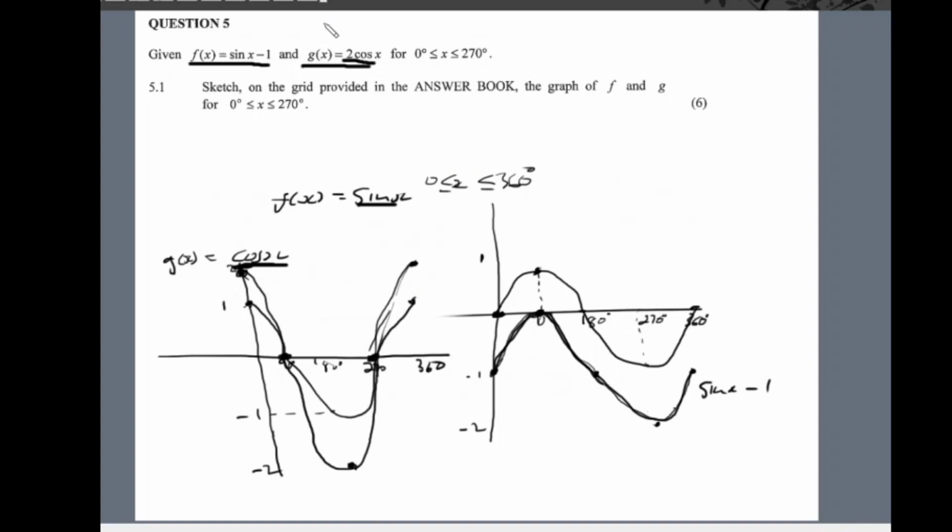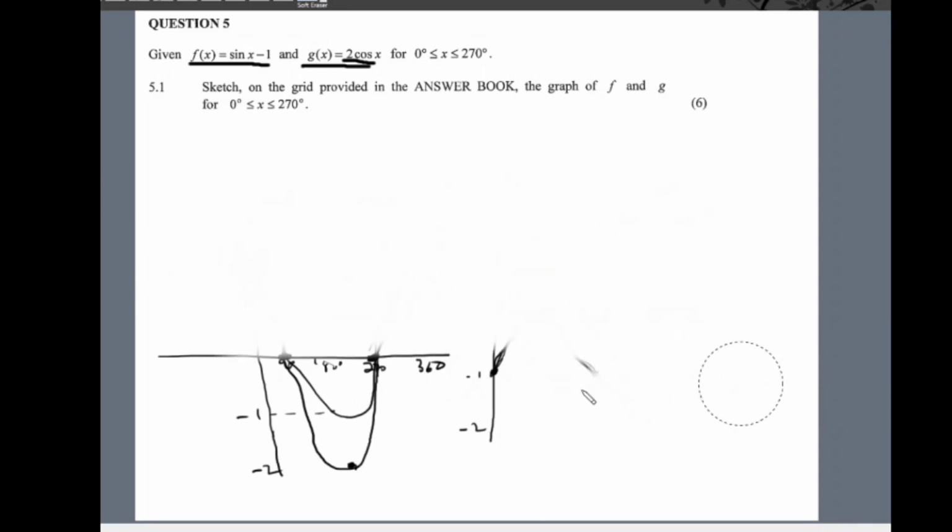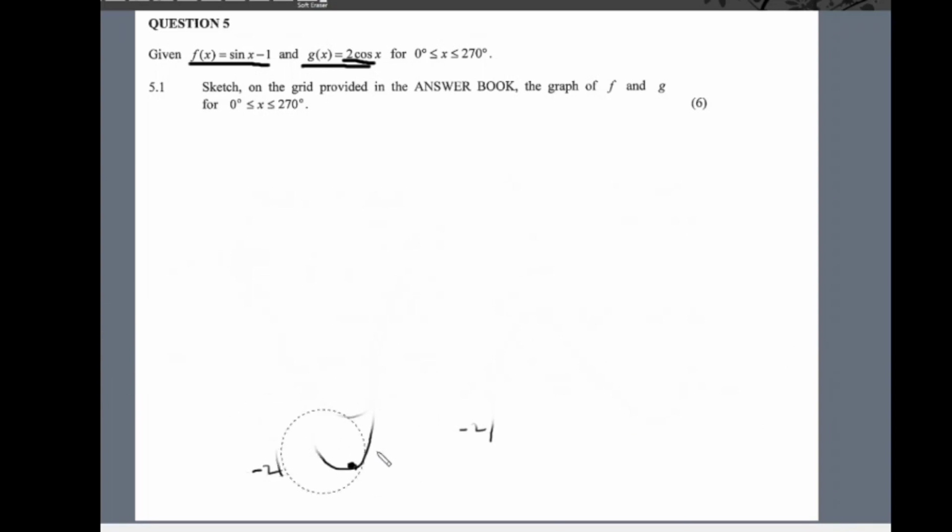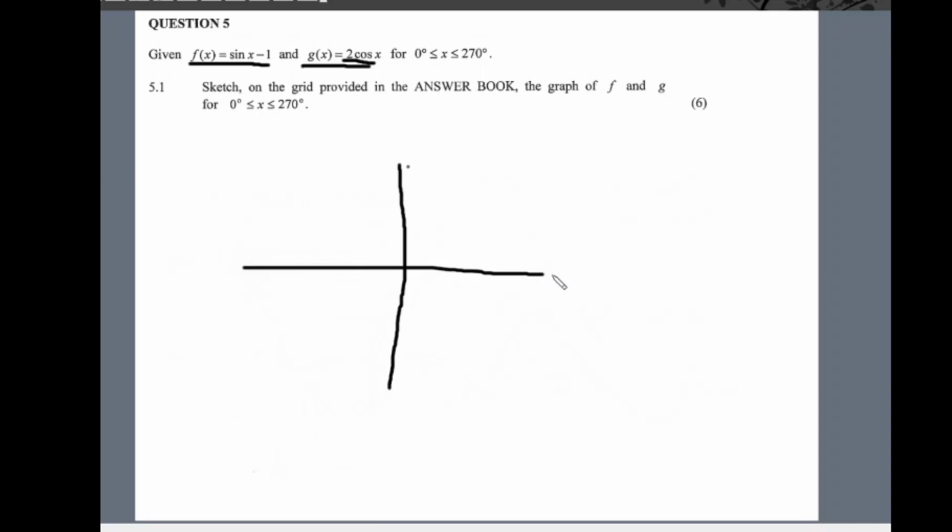Right, and then when you draw them on the Cartesian plane, they will look like this. Let me try draw them on the same set of axes. Right, so we'll have our Cartesian plane, they want us to draw for x between 0 and 270.